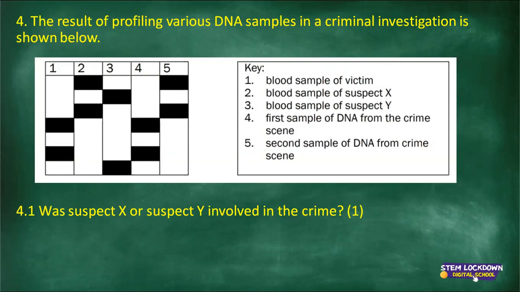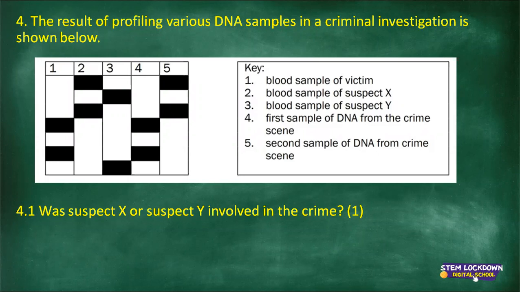Question 4.1: was suspect X or suspect Y involved in the crime? Sample one is the blood sample of the victim, sample two is the blood sample of suspect X, and sample three is the blood sample of suspect Y.